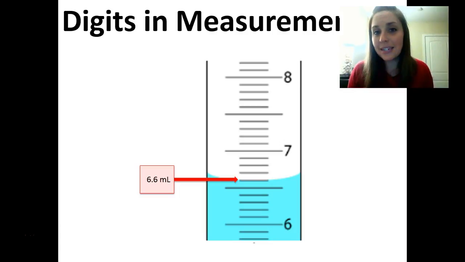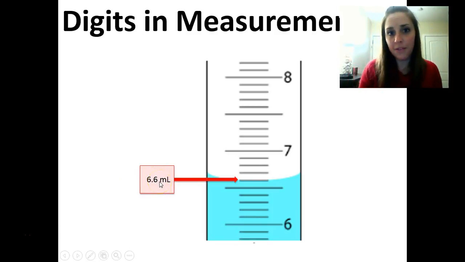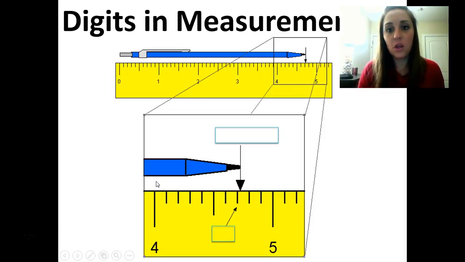So I still have to include one estimated digit. Even though this is my known and I don't think it's going above that, I need to go to my 100th position if I'm calibrated to my 10th. So my real measurement is going to be 6.60. That tells other scientists that the instrument I used was calibrated to the 10th because I wrote something to the 100th.